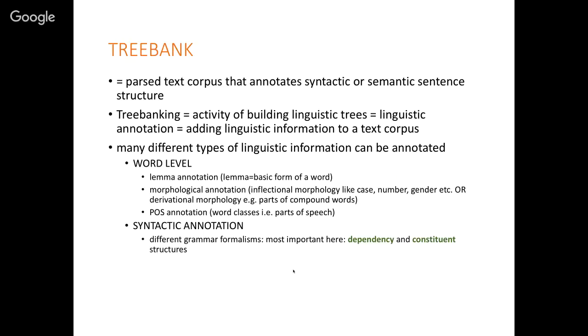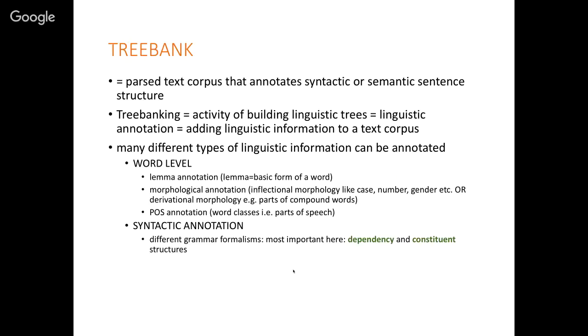And then we can add information of the whole sentence. So that's the syntactic annotation. And there we have to follow some sort of linguistic theory. So there are different grammar formalisms behind syntactic annotations.